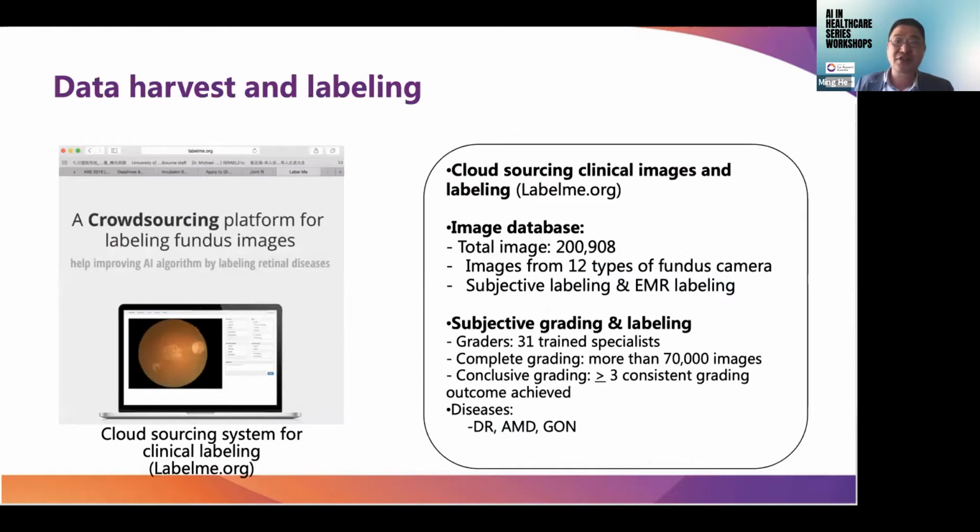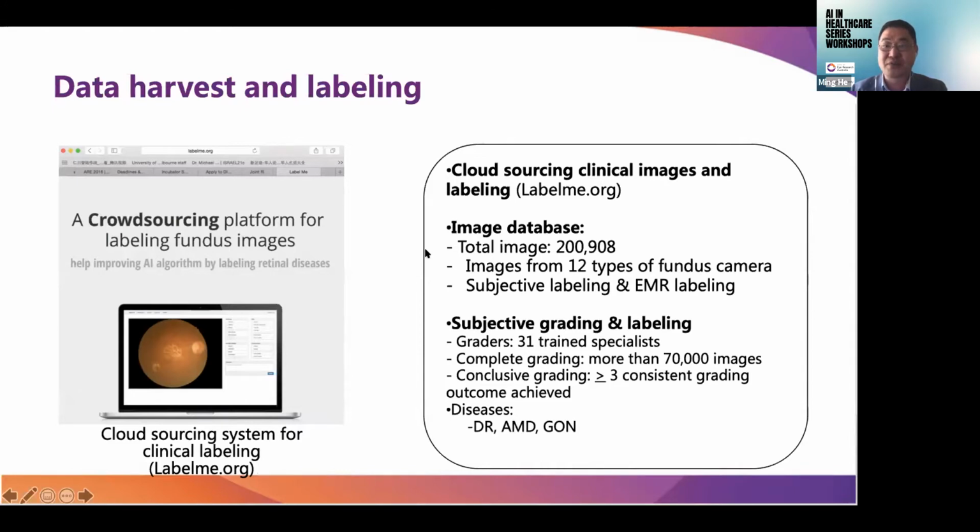Our work started five years ago, with collecting data. We created a crowdsourcing platform for fundus images, specifically working on the full color fundus photo.